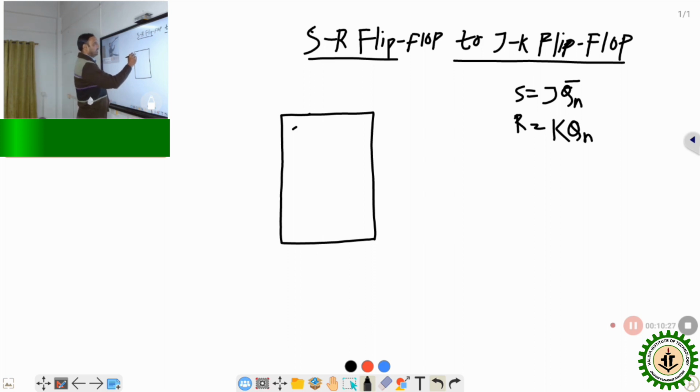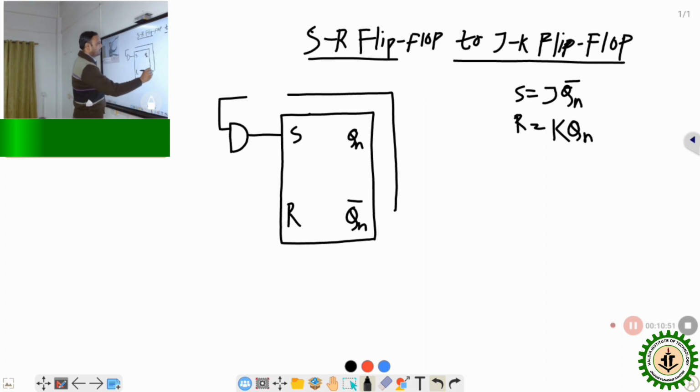It is S, it is R, Qn and Qn bar. So S is J Qn bar, and R equals K Qn.